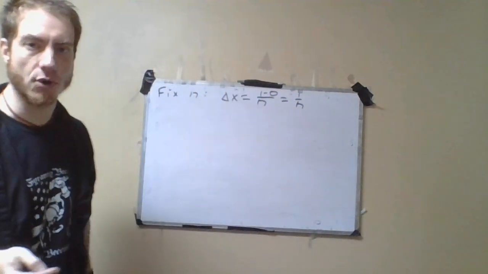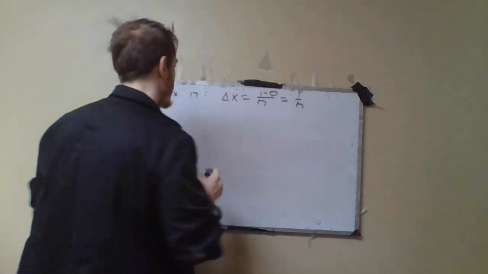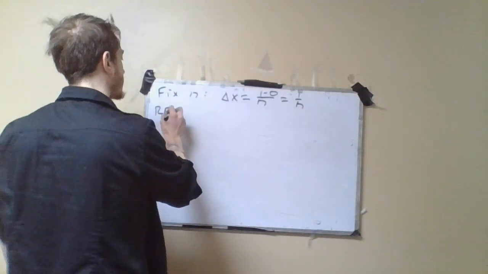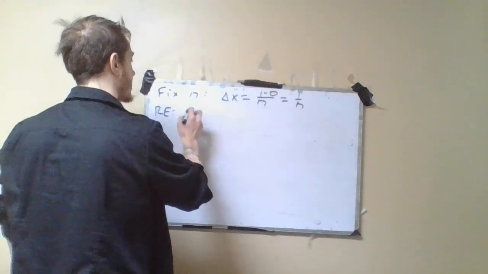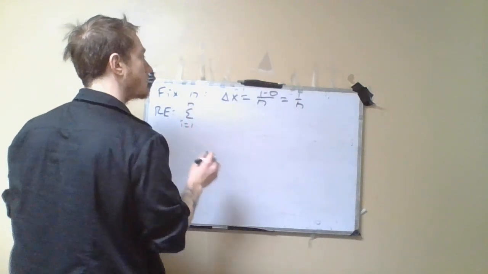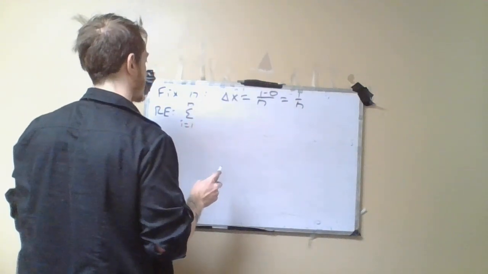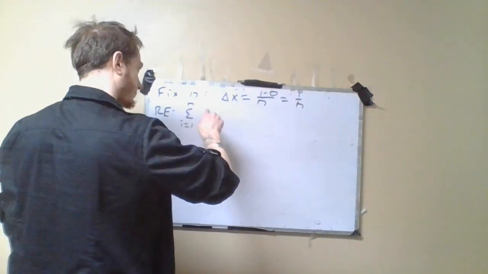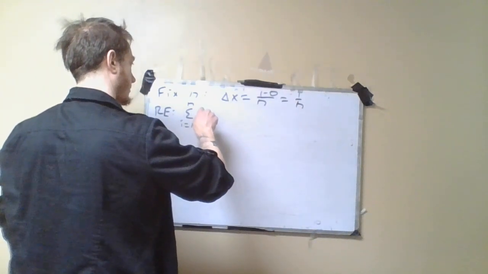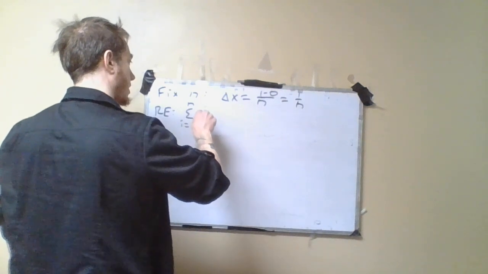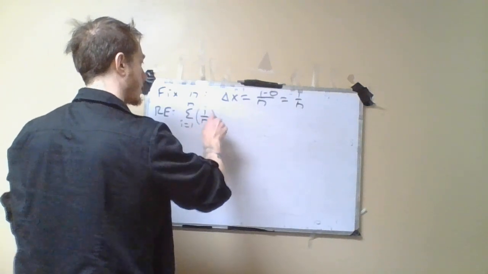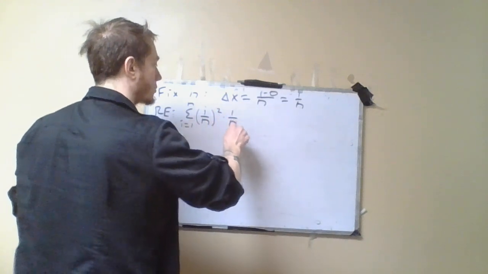So I'm going to write it as 1 over n. And then my right endpoint Riemann sum is going to be the sum from i equals 1 up to n of (i over n) squared times 1 over n.